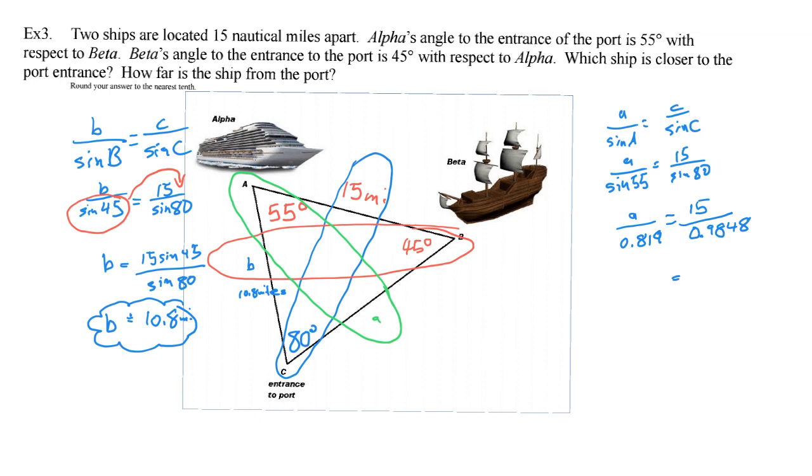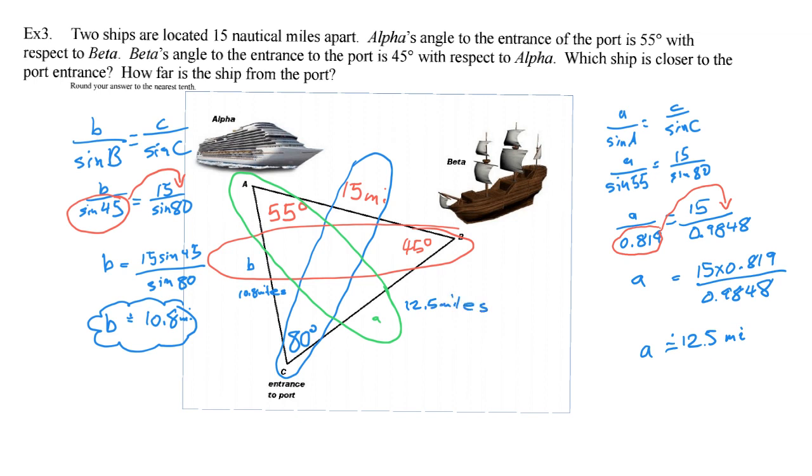So now, in order to get rid of this number that's on the bottom, we're going to take it and plop it onto the top of the fraction, because division on the left side becomes multiplication on the top on the right side. So now we end up with A is equal to 15 times 0.819 divided by 0.9848. And you end up with A is equal to about 12.5 miles. So the distance is 12.5 miles.